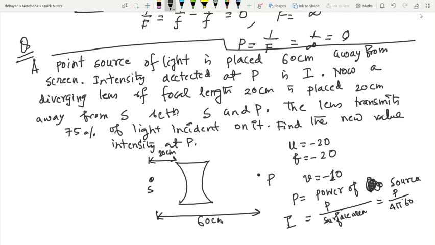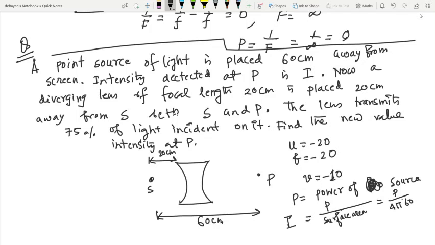And what is the energy received by the lens? That is nothing but intensity into the corresponding area: P by 4 pi 20 square into A1. I have not done the discount yet. Energy received by the lens is intensity into corresponding area.